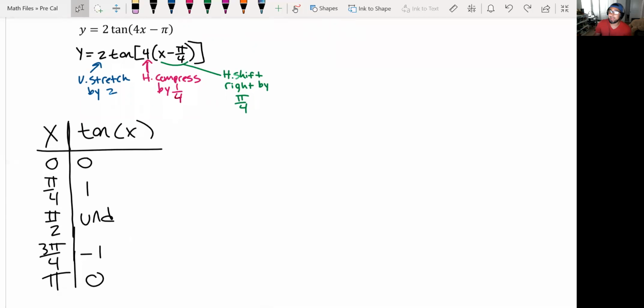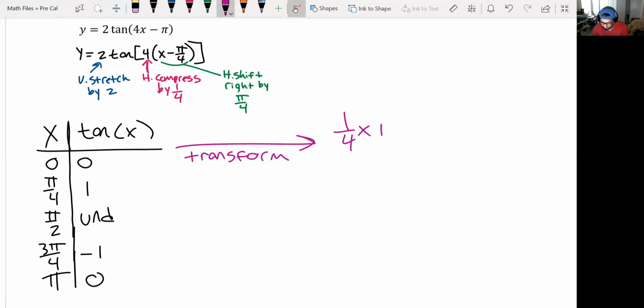So let's go ahead and transform it. For my x values, we're going to multiply them by 1/4 and add pi over 4. For my y values, this one's easy. We're just going to multiply by 2.